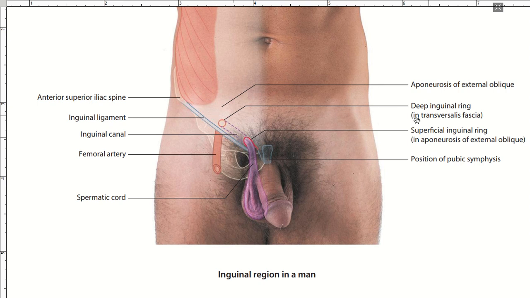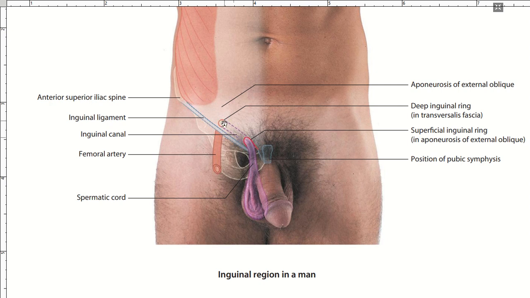That's the transversalis fascia. So the posterior wall of the deep inguinal ring is made by the transversalis fascia, not the transversus abdominis muscle. It is the fascia transversalis that forms the deep ring.